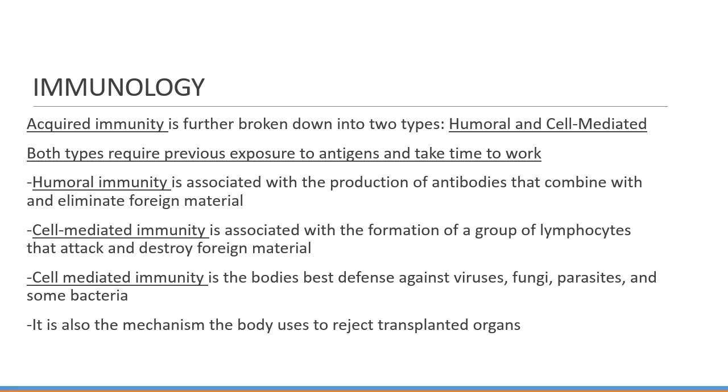The process of getting rid of those is called the effector phase. Cells that operate during the effector phase are called effector cells, and they include activated lymphocytes and inflammatory components of immunity, such as cytokines, basophils, mast cells, and macrophages.